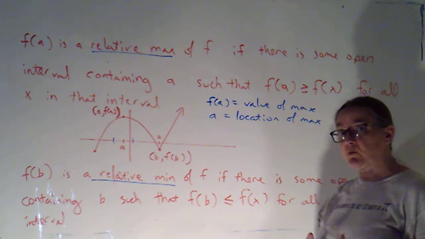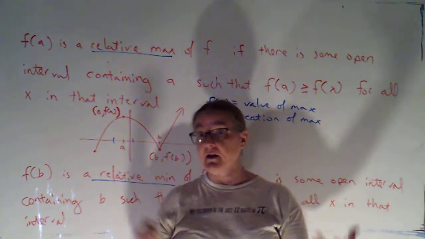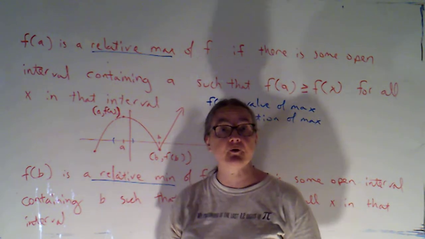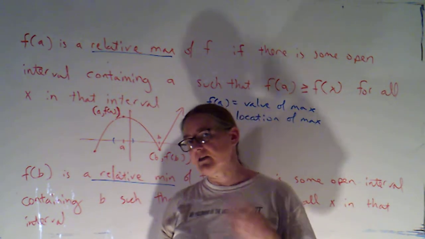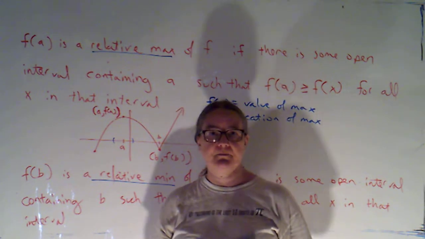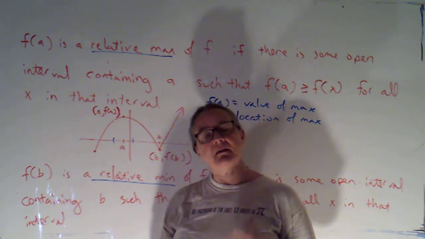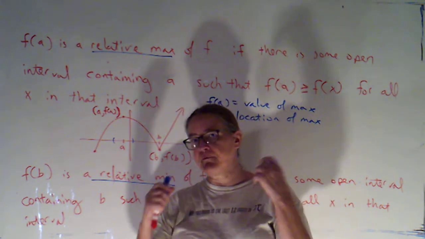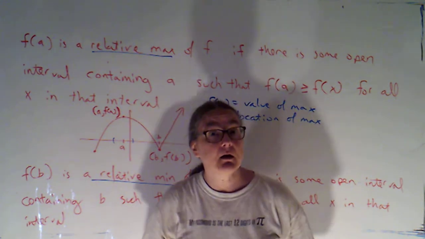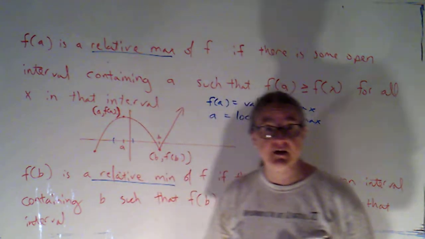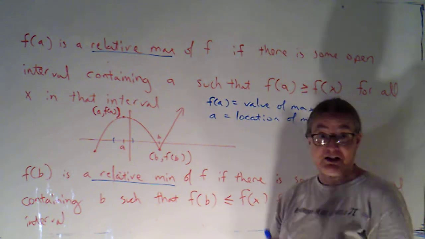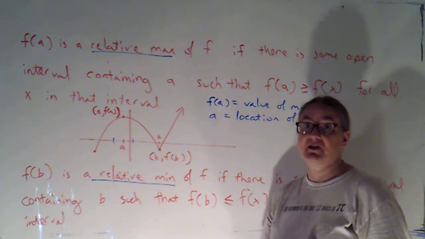There are times when we're going to care about what's the x value and other times when we're going to care about what's the y value. Let's say you're going into business and you want to try to maximize profit. Well, if you determine that the maximum profit you could get is $5 million, that sounds pretty good. I might like to have $5 million. So you might say, well, what do I have to do to get that $5 million?